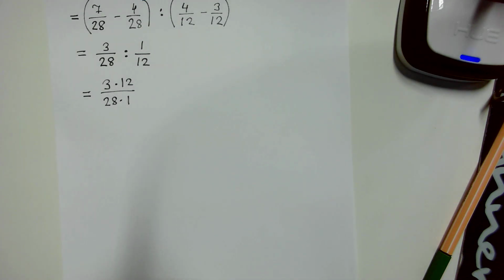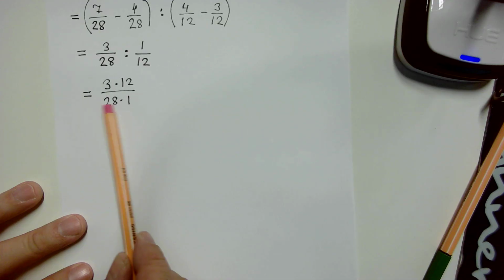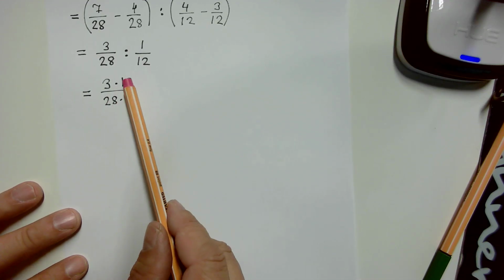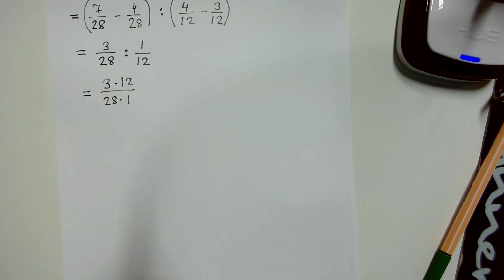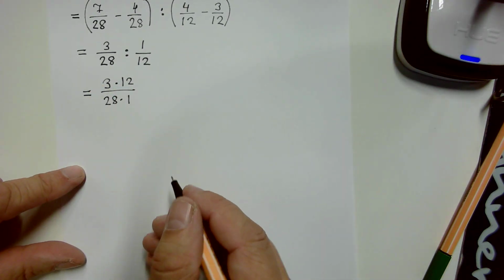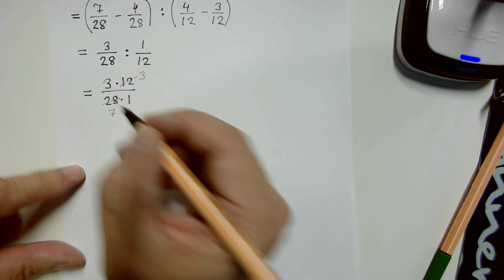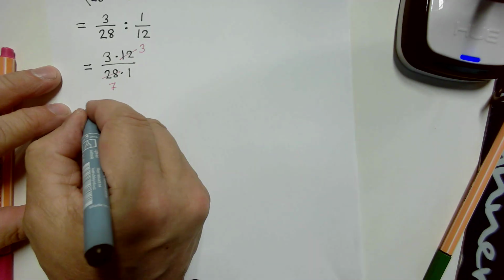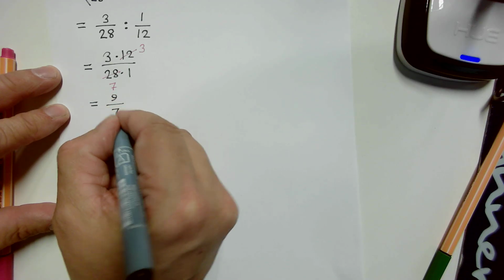As I said, it would have been better to just write 4 times 7 here and 4 times 3 here, because there we would easily see that there are 4s which we can take away. But of course we can do it also after this step. We divide by 4, we get 3 and 7. And the final answer, 3 times 3 equals 9 divided by 7.